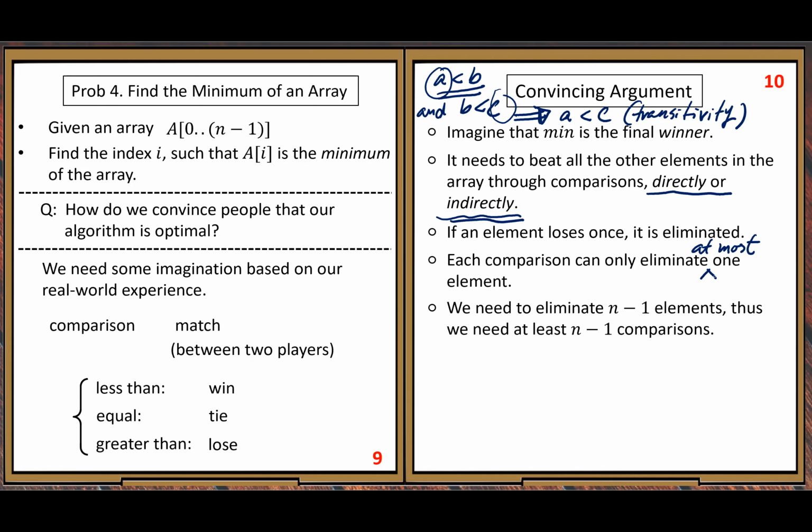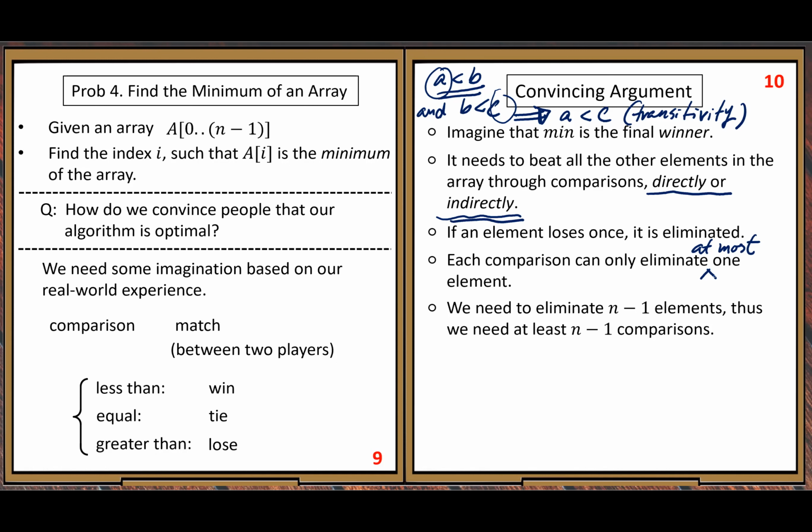Next one. We need to eliminate n-1 elements in order to find the minimum. Think about it. To get a final winner, you have to eliminate all the other elements, all the other players. Only the final winner, the champion, remains.